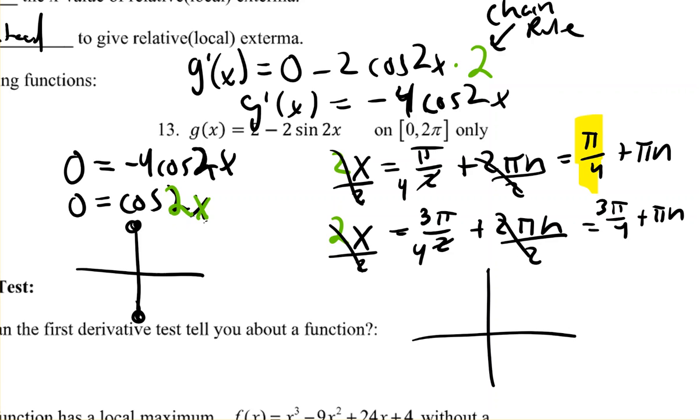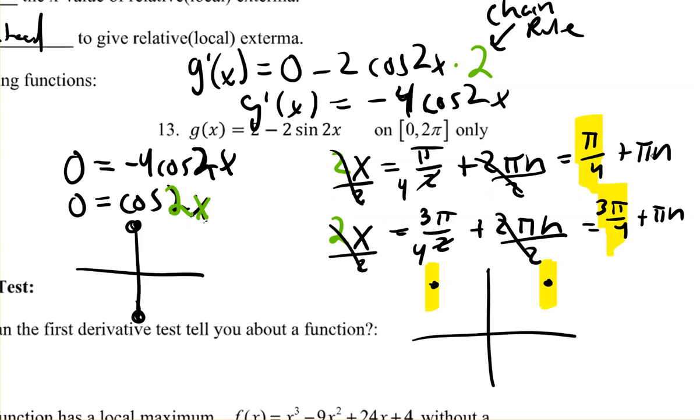So pi over 4 is certainly an answer, and 3 pi over 4 is going to be an answer. But if you don't keep up with that formula piece, then you're going to lose some of your other answers. And as multiple choice, I'm sure that there's a choice that only has those two.